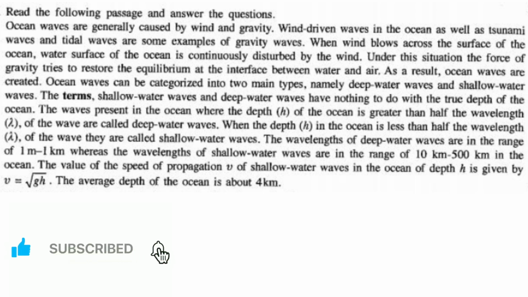The waves present in the ocean where the depth of the ocean is greater than half the wavelength of the wave are called deep water waves. When the depth in the ocean is less than half the wavelength of the wave, they are called shallow water waves. We can write it as the answer.